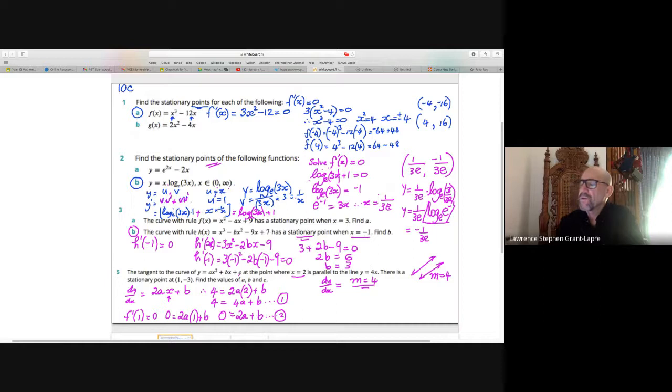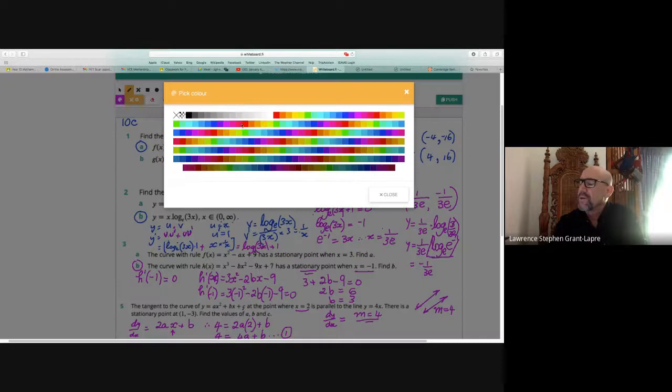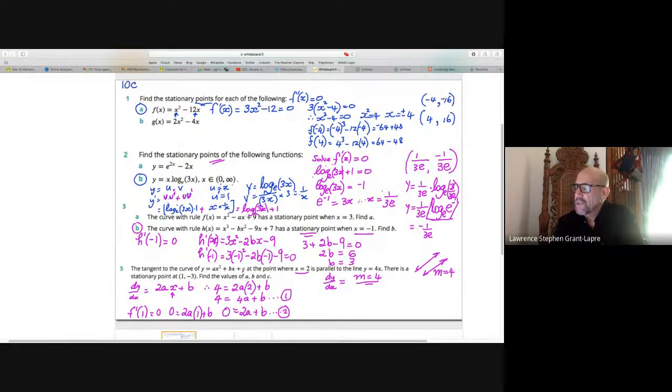I'm going to use elimination. So if I just do equation 1 minus equation 2, I get 4 take away 0 is 4. 4a take away 2a is 2a. b minus b is 0.